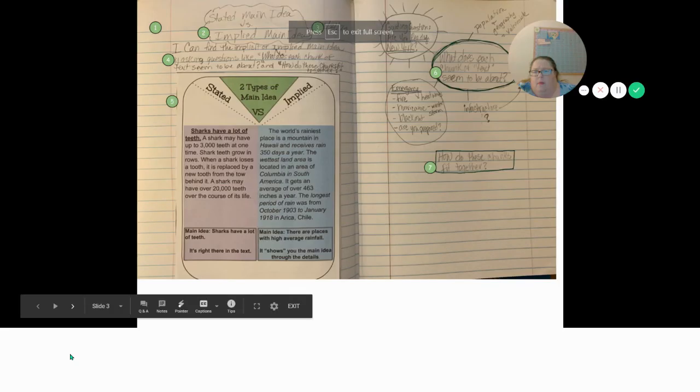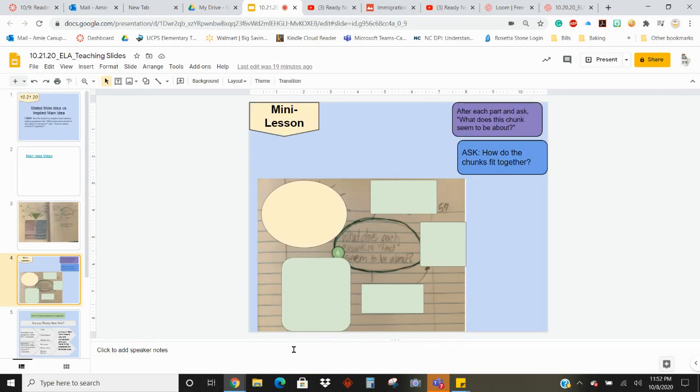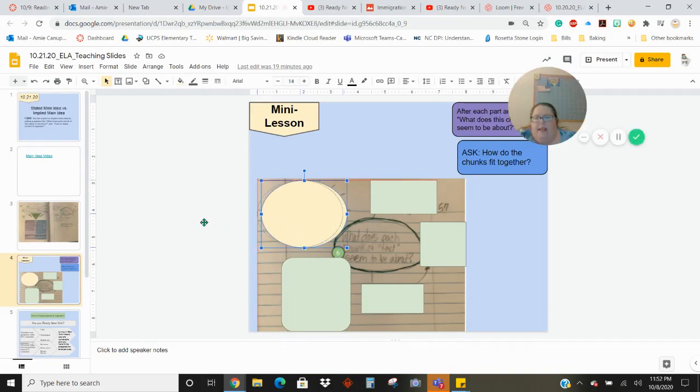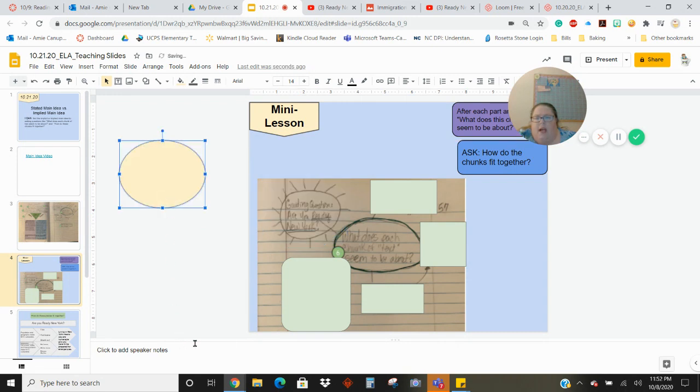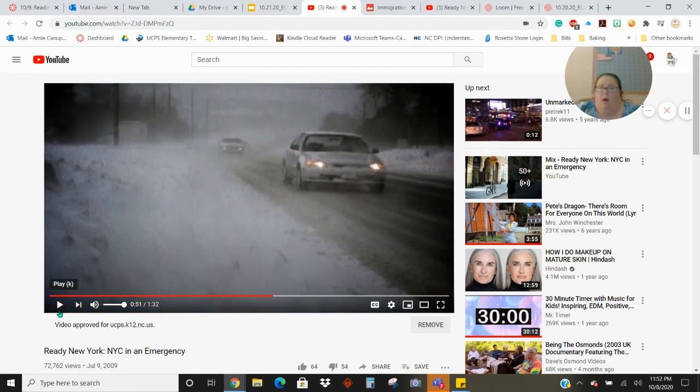So when I go over here, this is the guided question that I jotted down. Are you ready, New York? And as we listen more, I was thinking in my mind, what do they need to get ready for? Okay, so hurricanes, blackouts, fire, winter storms.